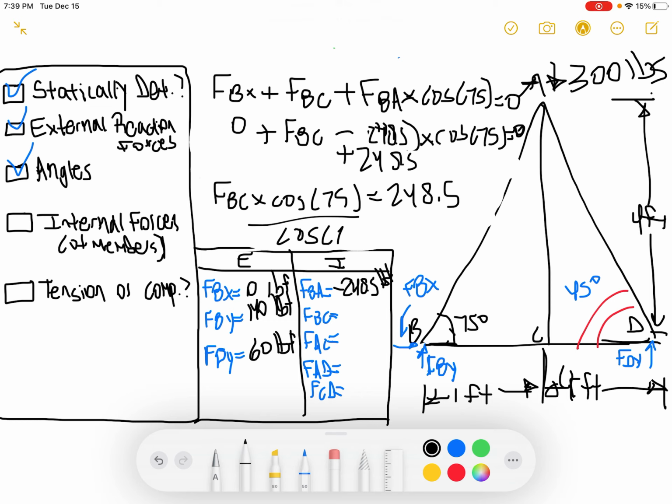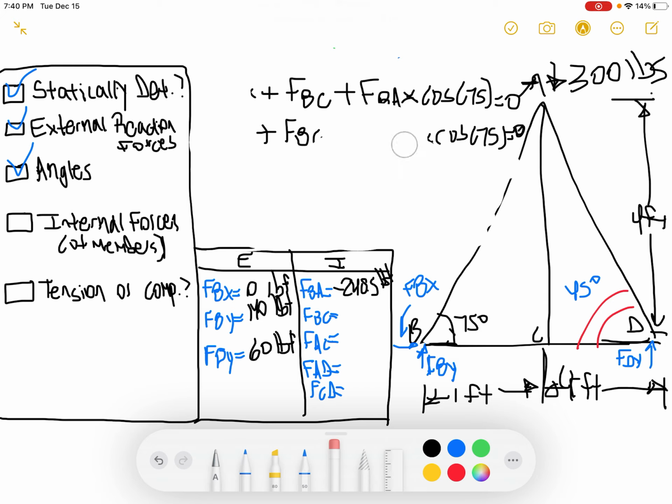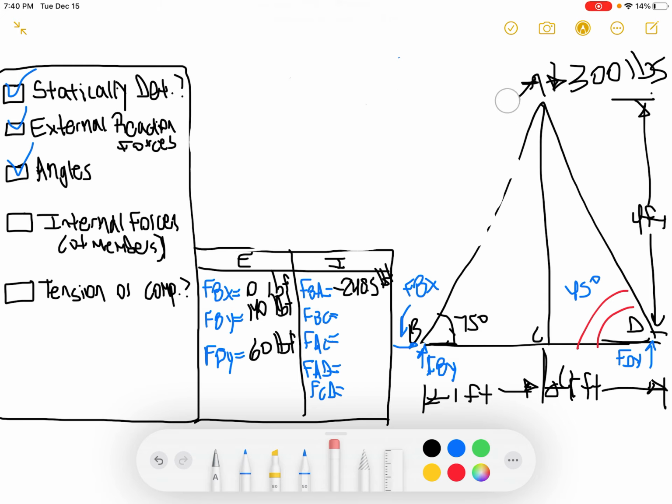Divide by cosine of 75 on both sides. Since we're solving for FBC, we get that FBC equals 960.1 pounds. We found our next internal force.